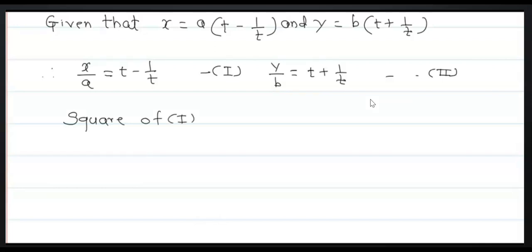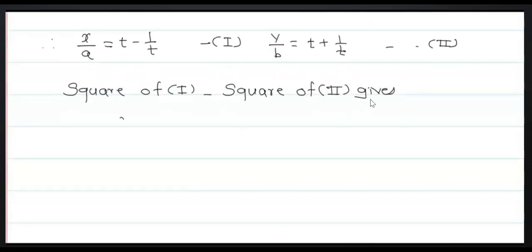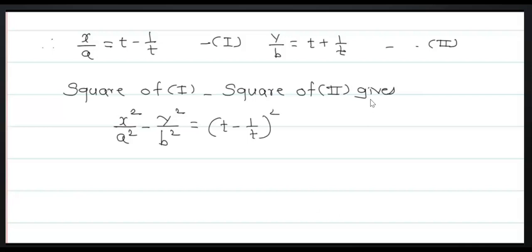Square of 1 minus square of 2 gives x square upon a square minus y square upon b square is equal to t minus 1 upon t, bracket square, minus t plus 1 upon t, bracket square. This is nothing but the equation of the ellipse.